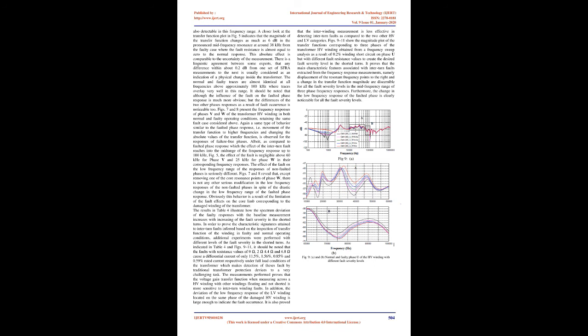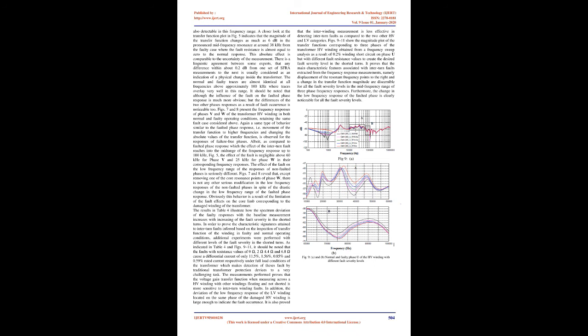Again, a similar type of behavior to the faulted phase response, i.e. movement of the transfer function to higher frequencies and changing the absolute values of the transfer function, is observed for the responses of failure-free phases. Albeit, as compared to the faulted phase response, in which the effect of the inter-turn fault reaches into the midrange of the frequency response up to 100 kHz, Fig. 5, the effect of the fault is negligible above 60 kHz for phase V and 25 kHz for phase W in their corresponding frequency responses.